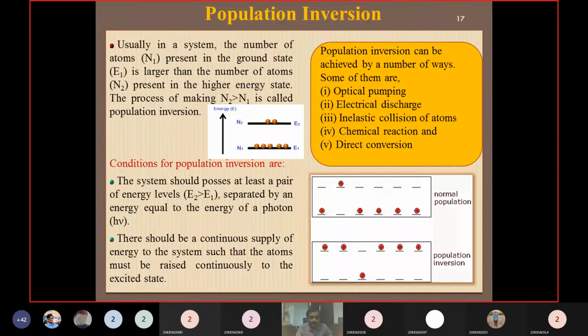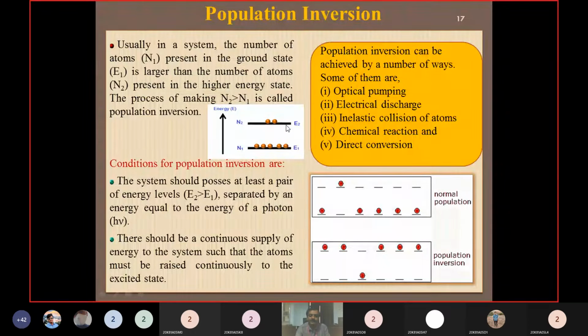Remember, not exactly two energy levels, but at least two, that means two or more. These are separated by an energy equal to the energy of the photon.